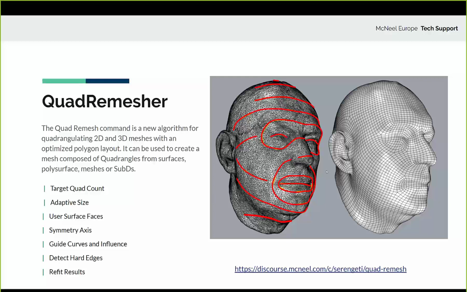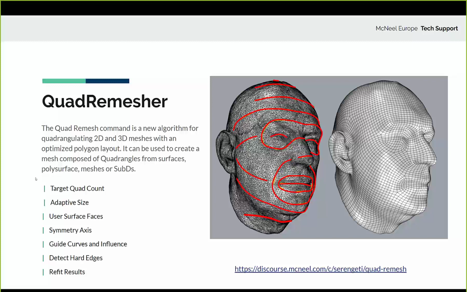We have a new command called QuadRemesh. What it does is it's a new tool in this Work in Progress that converts B-reps, extrusions, surfaces, and mesh objects into a mesh made only of quadrangles. Quad meshes are extremely useful for analysis, reverse engineering, and subdivision modeling.